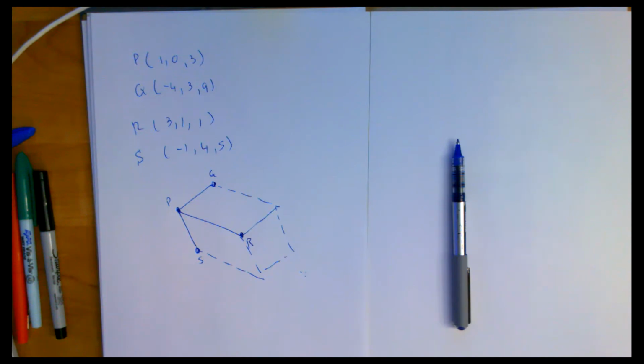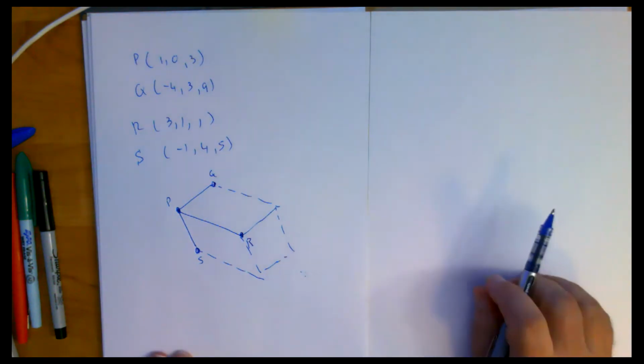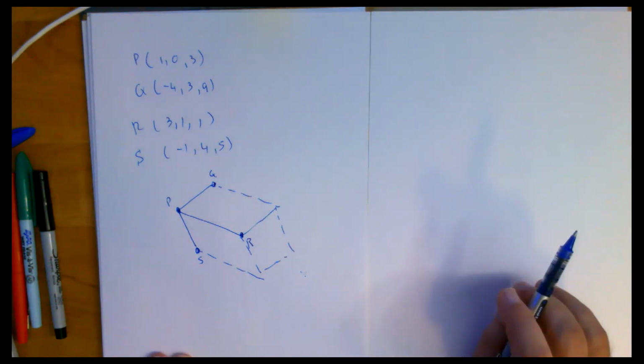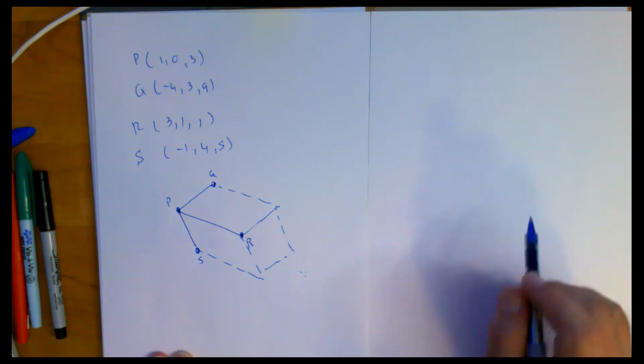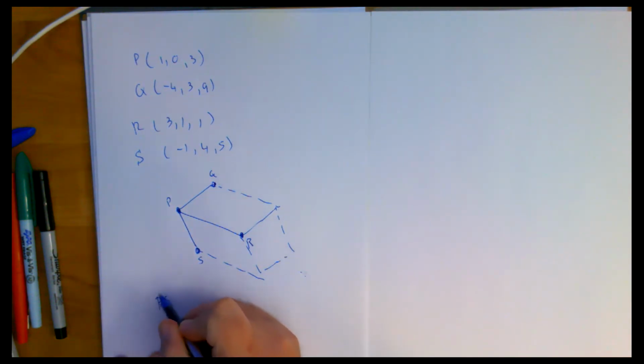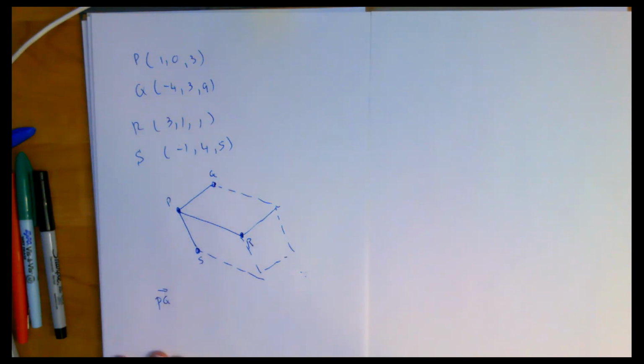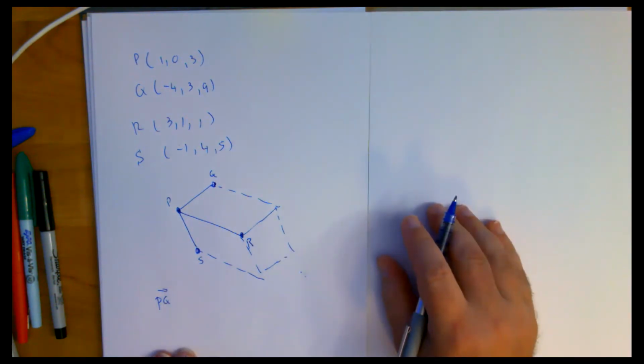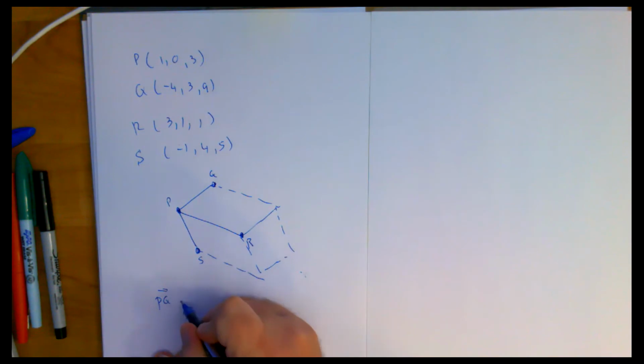I think you would find the dot product of PQ and PR, then you would find the dot product of the cross product and PS.